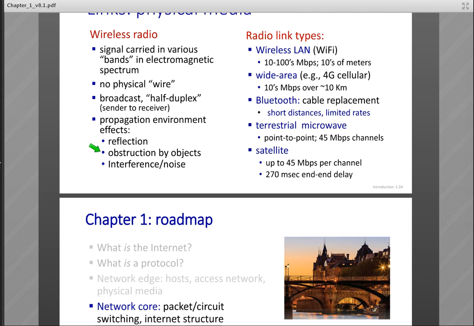Please pay attention. A receiver can only receive the signals with a minimum threshold of energy. Each receiver has its own minimum threshold. Signals with energy lower than that threshold cannot be detected by that receiver.